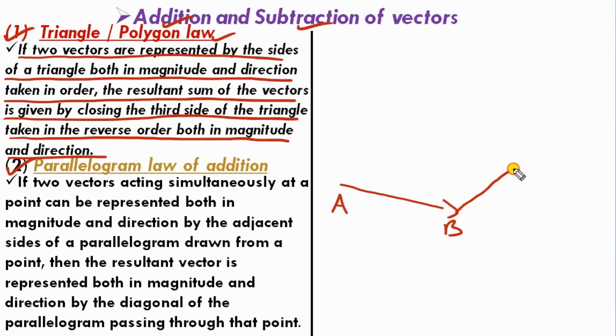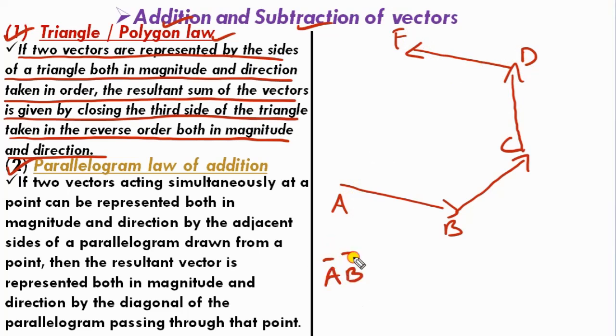So let's say vector BC is another vector. There is another vector which is vector CD, and another vector which is DF. If I ask you what would be the result of the addition of vector AB, vector BC, vector CD and vector DF, we will apply the triangle law or the polygon law.